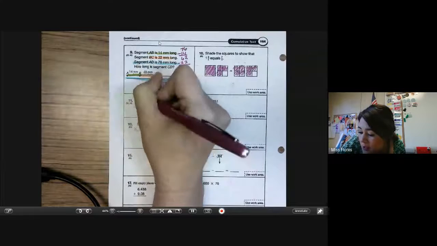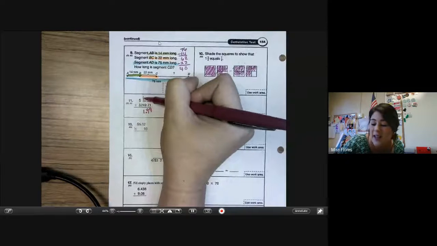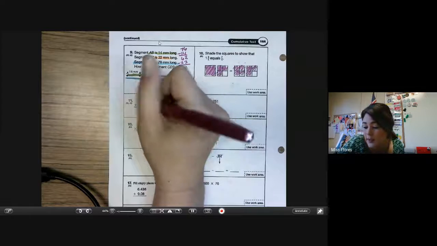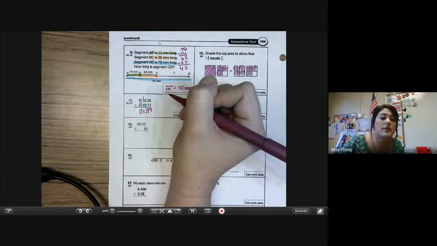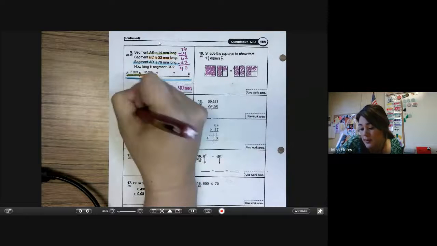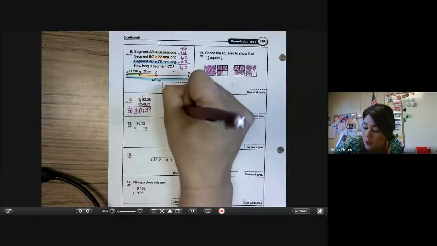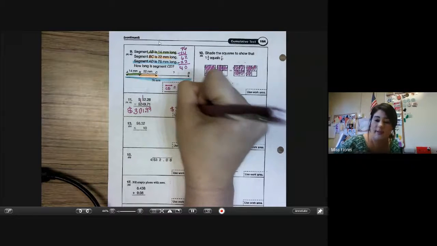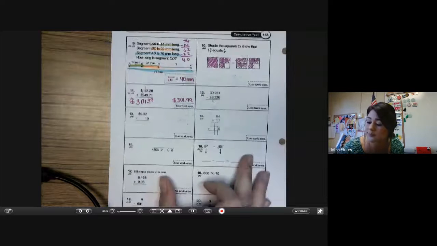The 1 comes down and another 1 gets carried over. 5 plus 1 is 6. 6 plus 4 is 10. So 0 gets pulled down and 1 gets carried over. 2 plus 1 is 3, and this is in money. So we have $301.99.